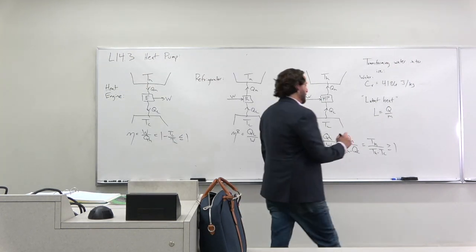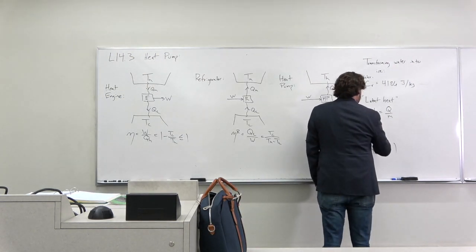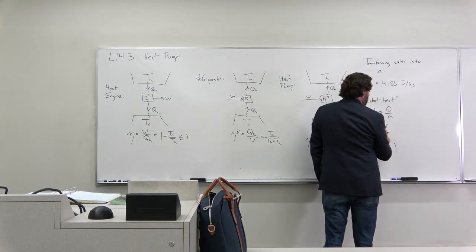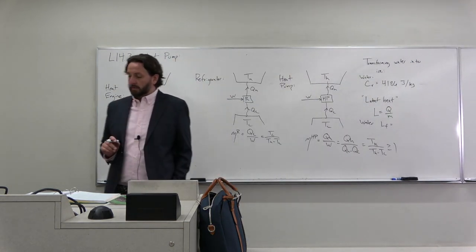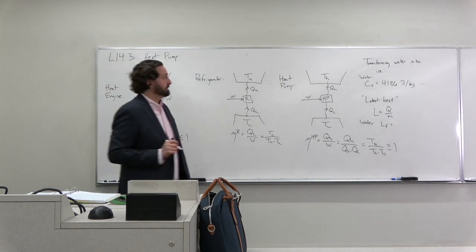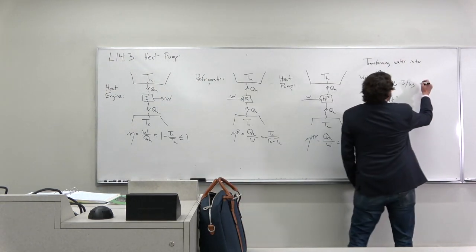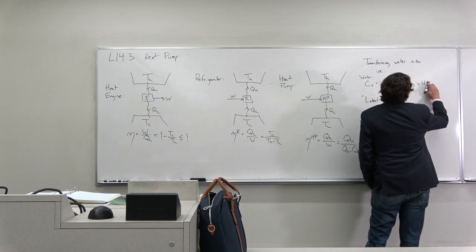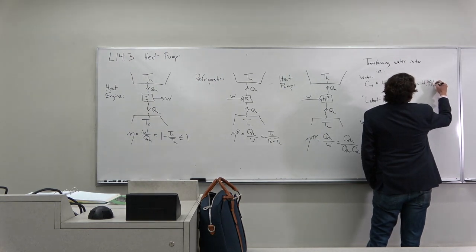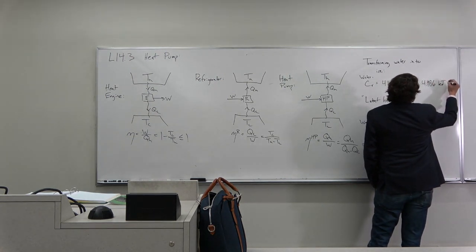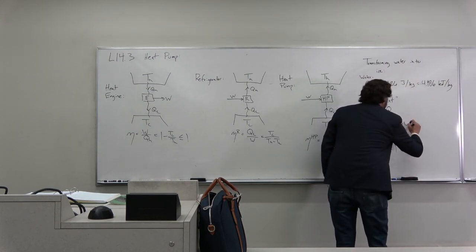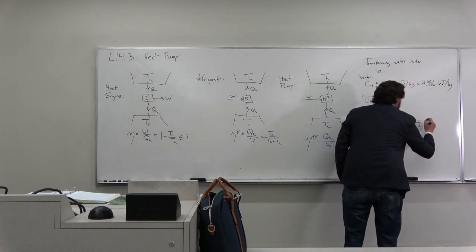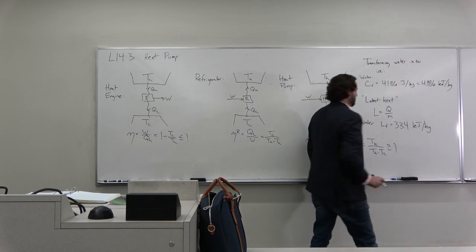So for water, the latent heat of freezing, so that's what that F is, is 334 kilojoules per kilogram, right? So this is 4.186 kilojoules per kilogram. This is 334 kilojoules per kilogram.